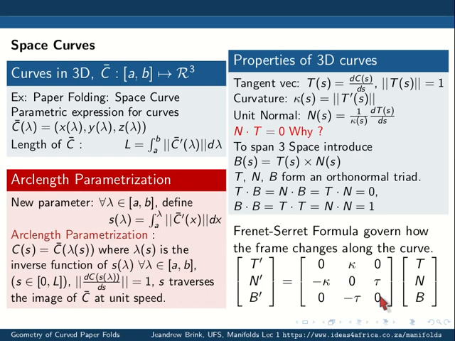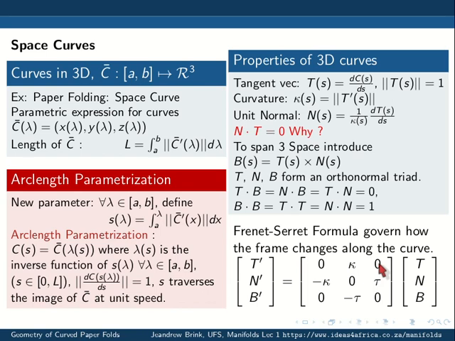Okay? Then the reason this thing is 0 is because we defined N to actually be the derivative rescaled. So basically T prime we define to be kappa times N, so that's why that thing is 0.